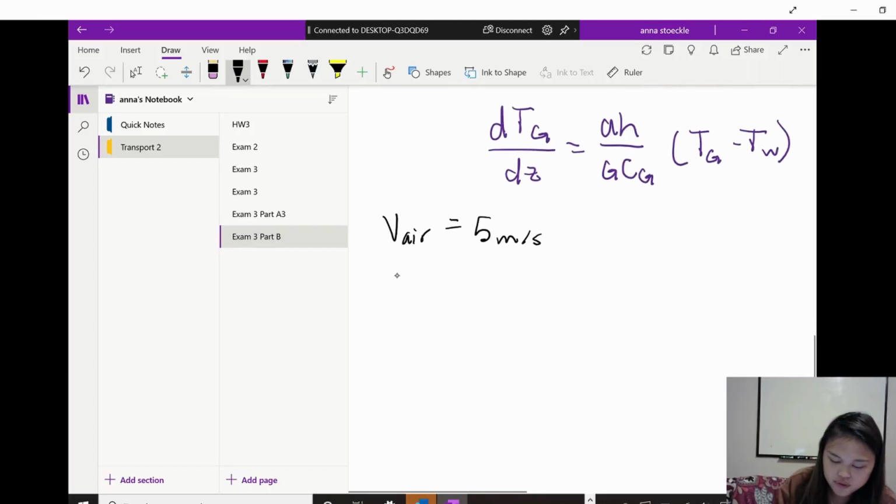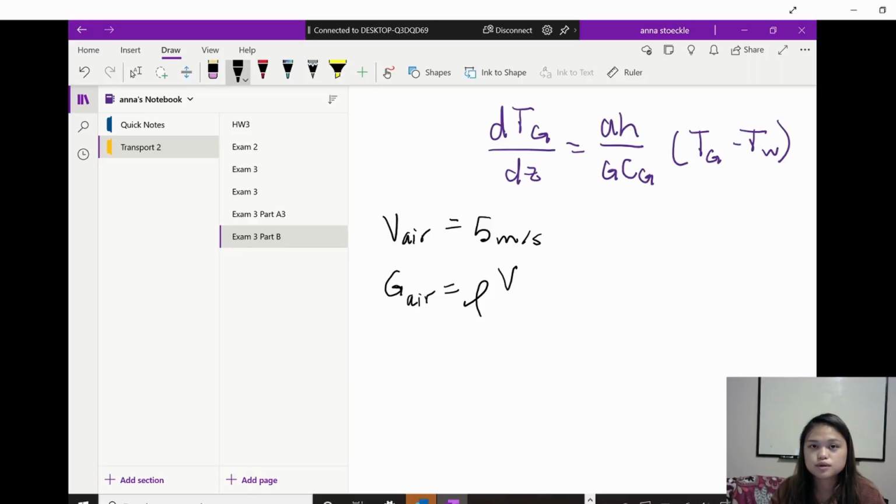And the gas flow rate of air is in kilograms per meter squared per second. And so what I would need to find that is the density multiplied by the velocity, because that density is going to be in kilograms per meter cubed. And if you multiply that by velocity, it's just meters per second. That will give you the kilograms per meter squared per second.